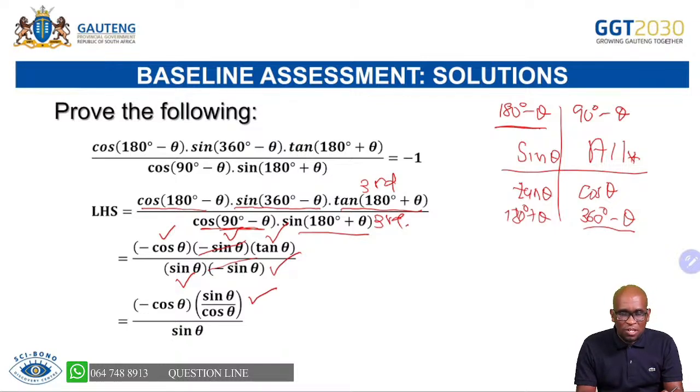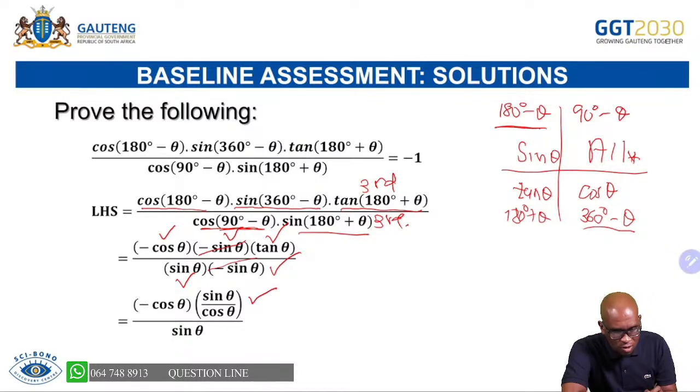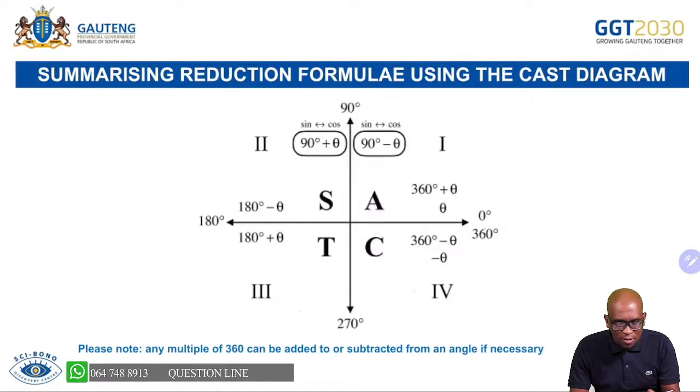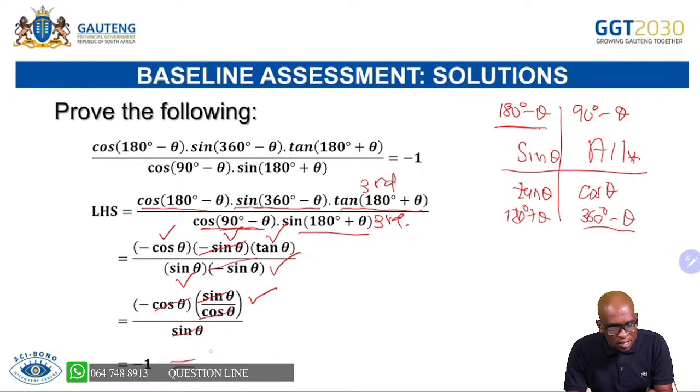And then this should also divide, and this as well should divide, which means that you'll get an answer of -1, which is obviously the same as the right hand side there.